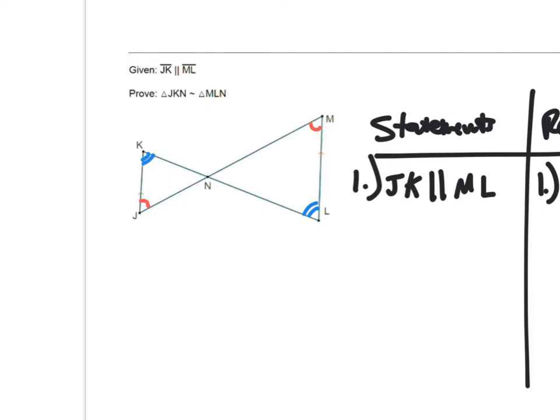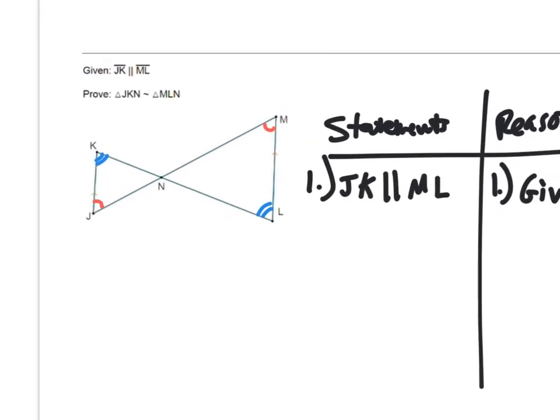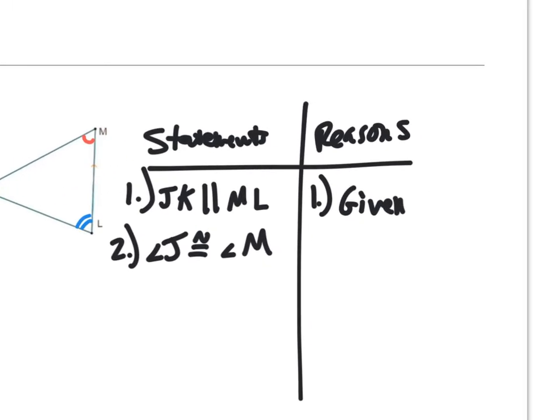Then the other thing that I know, in step 2, the second statement is that angle J is congruent to angle M. The reason that I know that is because those are alternate interior angles.